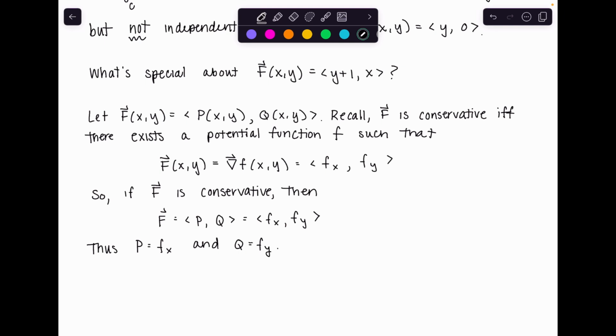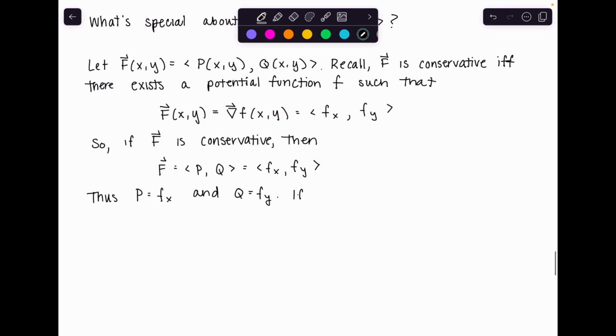If I have a nice function, the mixed partials should be equal to each other. So the way I'm going to test if something is conservative is, since this first component is the partial with respect to x, I'm going to differentiate it with respect to y to get the mixed partial. This is the partial with respect to y, so I differentiate it with respect to x, the opposite variable, to get the mixed one. And if you have a nice function, those partials should be equal to each other.